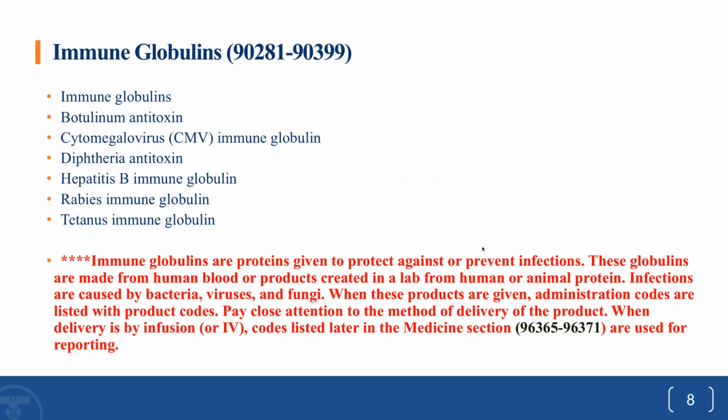Infections are caused by bacteria and viruses and fungi. When these products are administered, you would use administration codes. That means if you're going to bill for giving someone some type of vaccination or immune globulins, you also have to bill for the administration, for actually giving them that shot or that vaccination. There's a code for that.